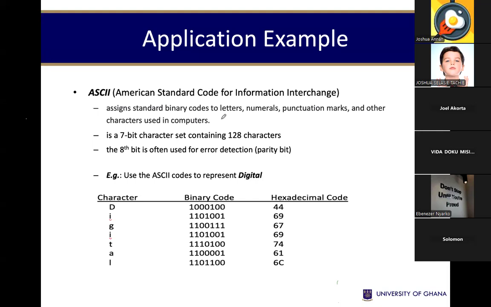So we can have a typical example here. The word is digital. So we have a capital D, and then the rest are lowercase. So the capital D in terms of the ASCII will be what? 1000100. So if you check, this is the binary code for the character D. That's a key thing. And then we can also get the I. So if you check what I've uploaded on your Sakai page, you should be able to have that.